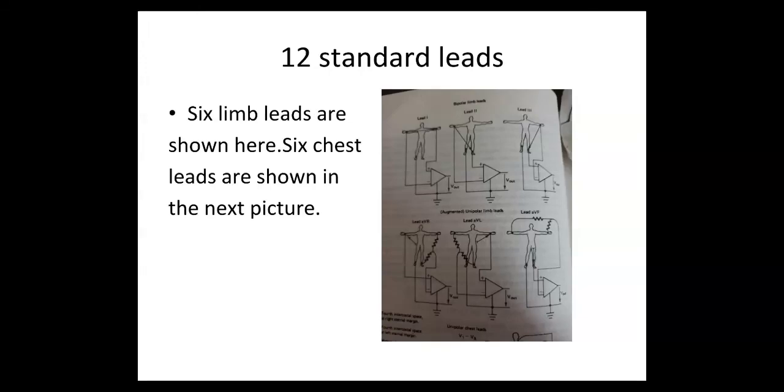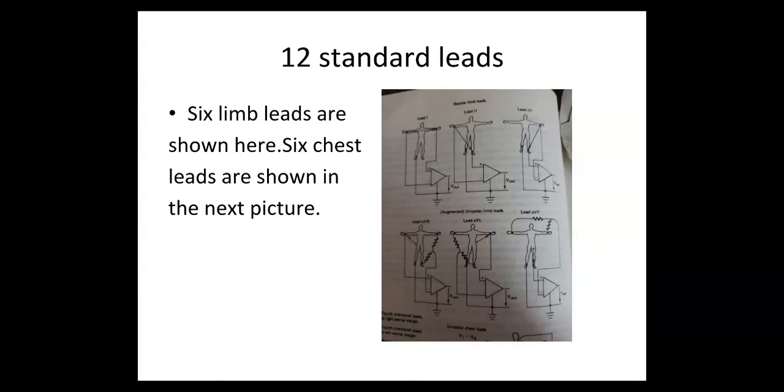The ECG waveform is recorded using a machine called electrocardiograph. 12 standard leads are there in the electrocardiograph. There are 6 limb leads, out of which 3 are basic bipolar limb leads. They are lead 1, lead 2 and lead 3 as shown in the picture.